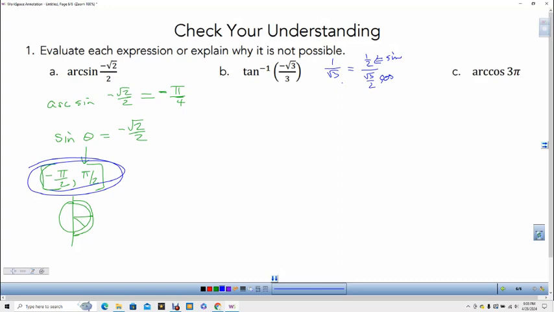So now, let's break this down and see what we've got. We're literally asking the tangent of what angle is going to give me negative square root of 3 over 3, or negative 1 over the square root of 3 if it's not rationalized. Those are the same value, which means it's going to give me a 1/2 on top and a square root of 3 over 2 on bottom. Now think about quadrant 4.